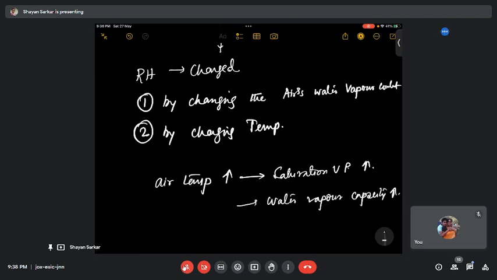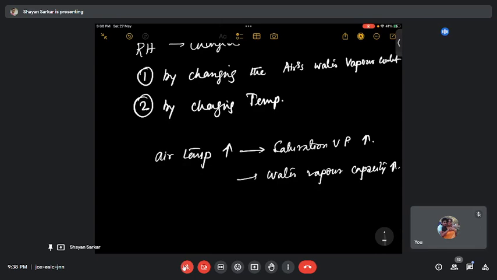Okay, so this is the reason why relative humidity becomes maximum during the summer time. Okay, clear?